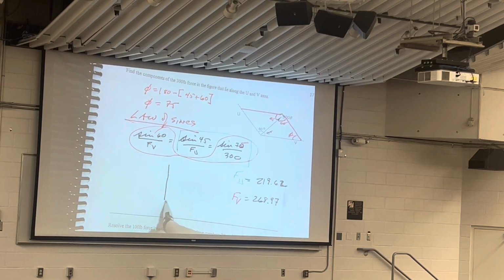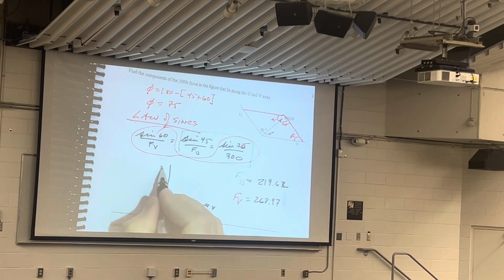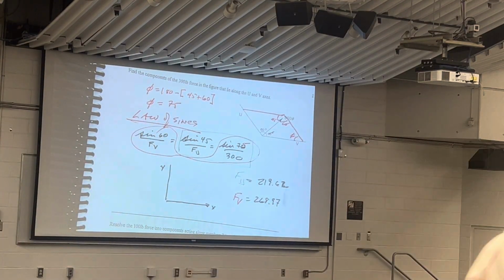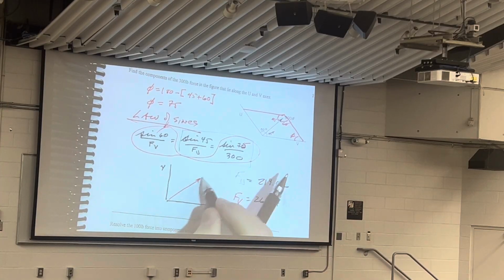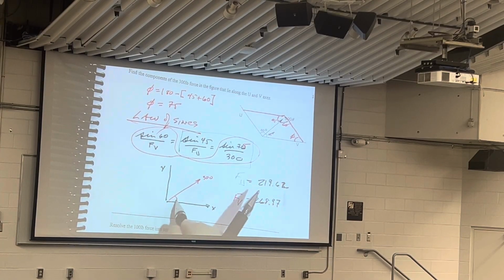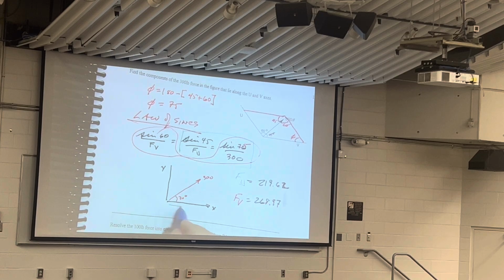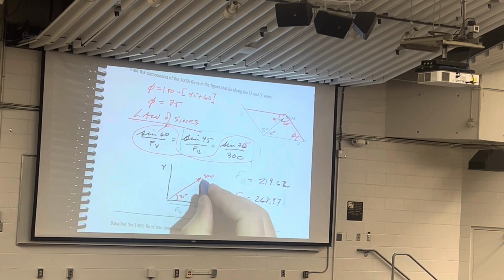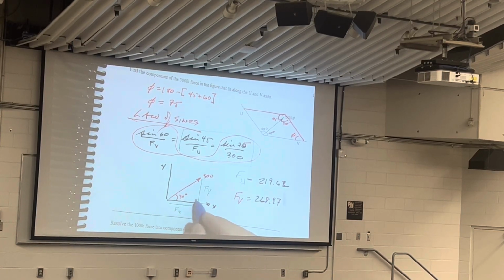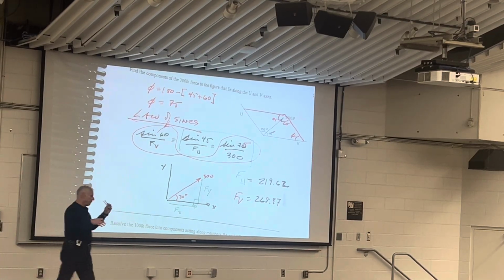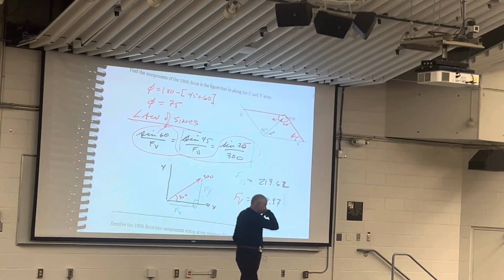When I have a 90-degree coordinate system like the XY, and I have this force here, 300, say that's 30 degrees, I can say I have an Fx and I will have an Fy. But notice there is a 90-degree angle in that triangle, whereas the U and V in this axis are not 90 degrees. Yes?